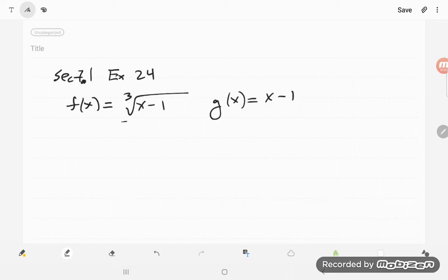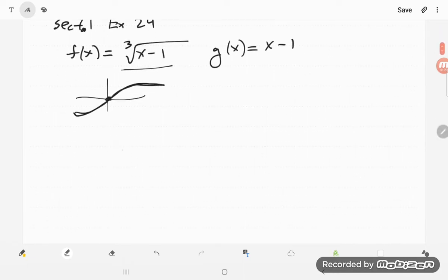So this first one is the cube root function, which looks like that. There's 0, 0, and the axes. But then it's got a minus 1 inside, so it got moved to the right by 1. And so my f of x, I think, looks something like that. And so there's f. And then x minus 1, well, that's a positive slope with a y-intercept of 1.